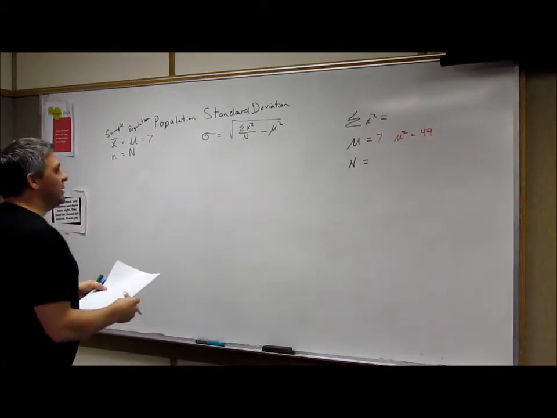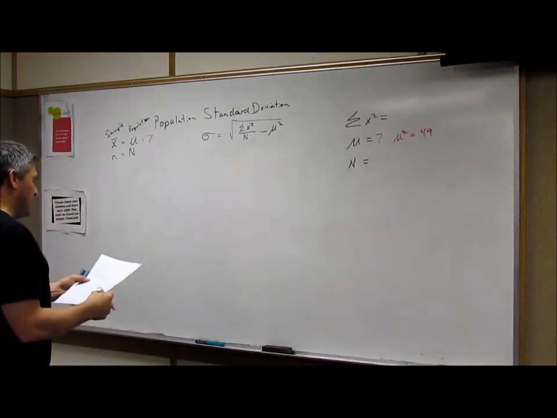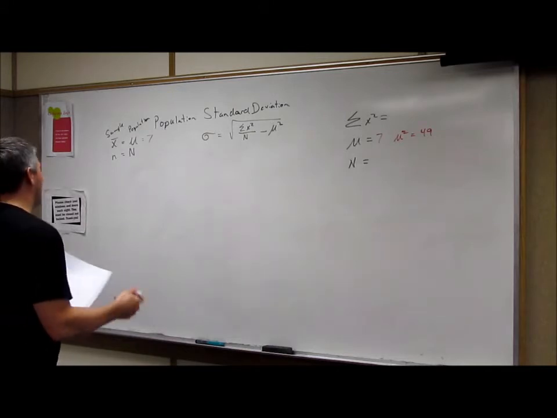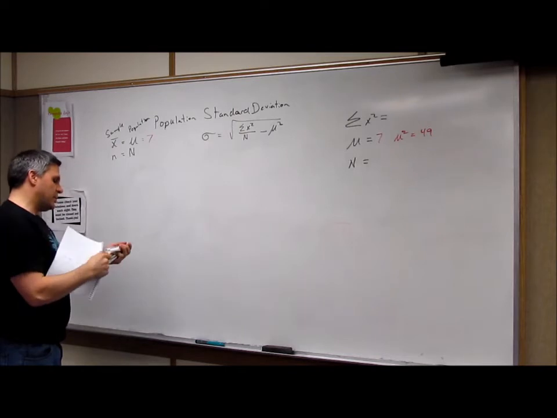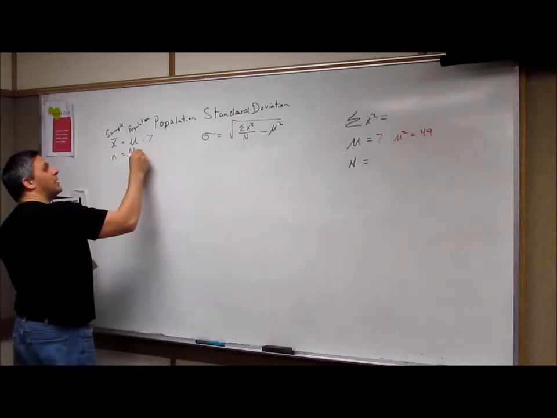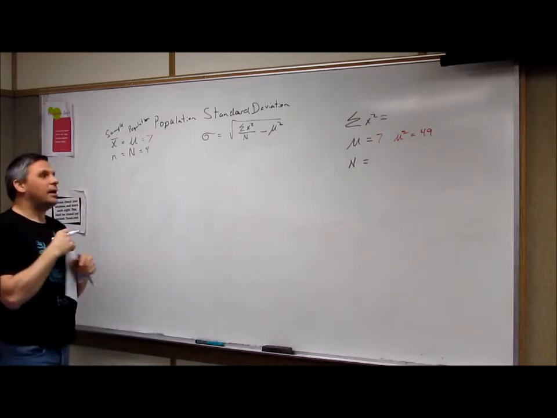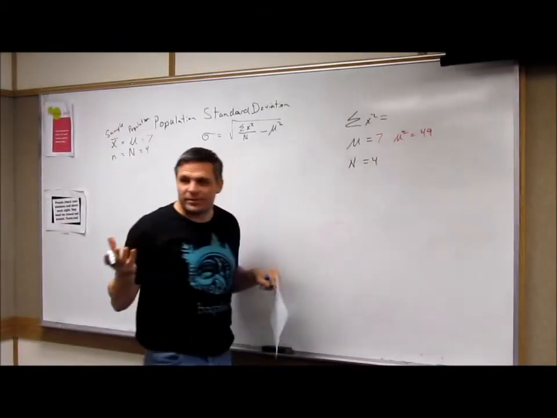Alright, so that's not bad. We found one of them already. Then we need to know what n is. N was 4. So we know 2 of them.